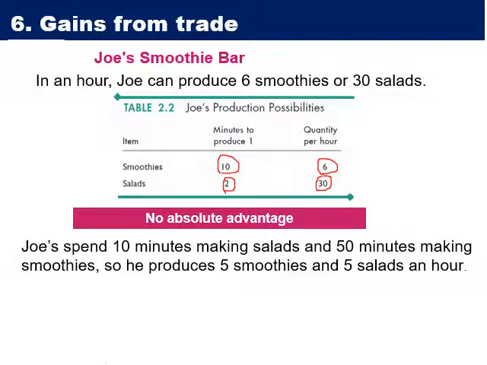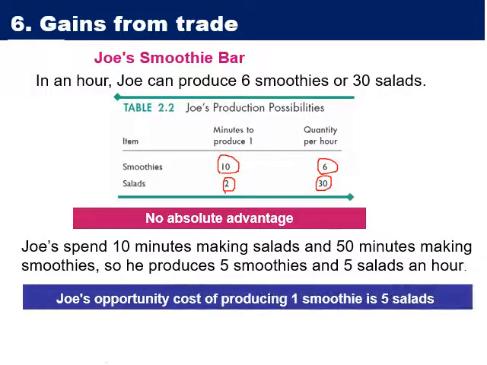So now let's see his opportunity cost if he decides to increase the production of salads by 1 unit, and if he wants to increase the production of smoothies by 1 unit. If he wants to increase the production of smoothies, then he has to sacrifice 5 units of salads to increase the production of smoothies by just 1 unit.